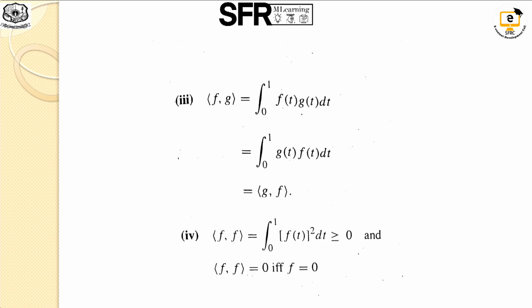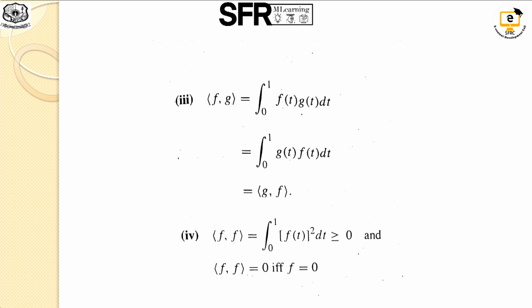And the third property: inner product of f comma g equals inner product of g comma f, because here the field is the real numbers. In general, the inner product of f and g equals the conjugate of the inner product of g comma f, but the field is real, so finally we get the inner product of g comma f. And the fourth axiom is also easy to verify. The inner product of a function with itself is the integral from 0 to 1 of f of t the whole squared dt.